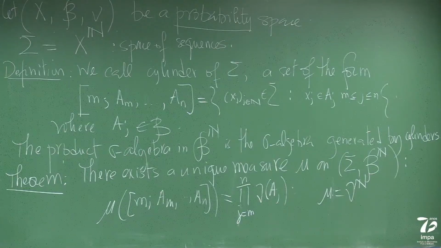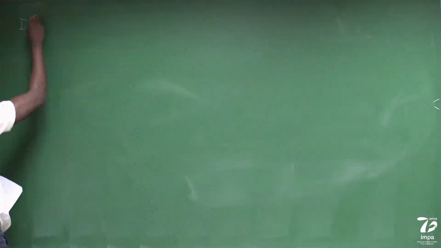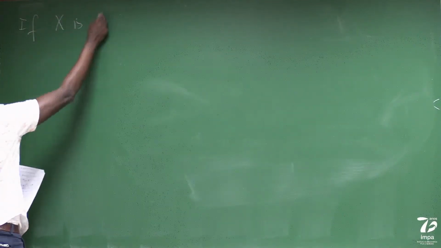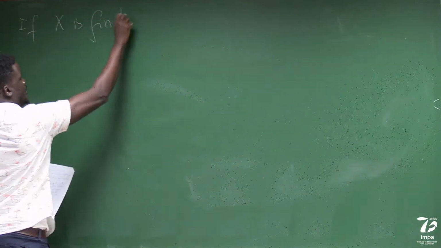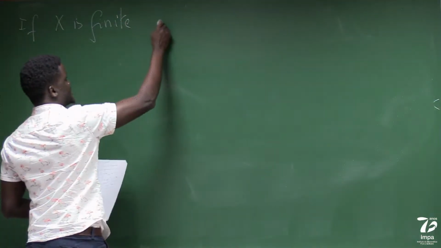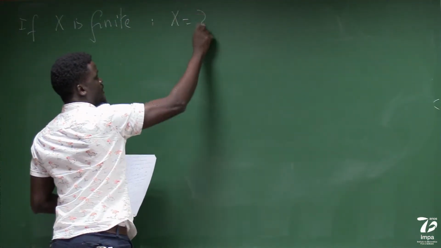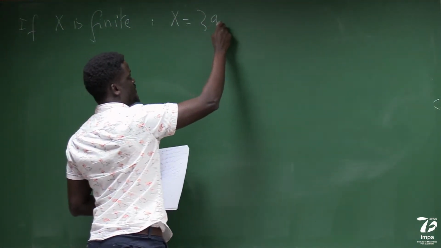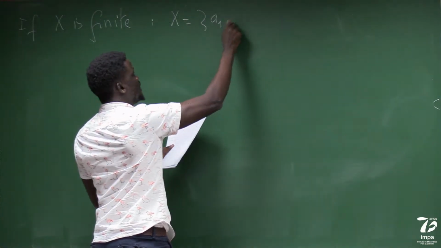But if you are in the case of finite symbols, if X is finite, you can write it as A1 until AK.